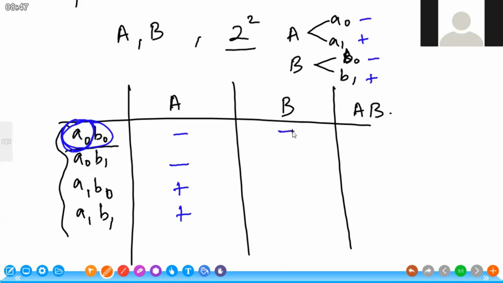Here it is minus, plus, minus, and plus. AB is the multiplication of this. So what is the multiplication of this? A is minus, B is minus, so this is plus, minus, minus, plus. That is how it goes.